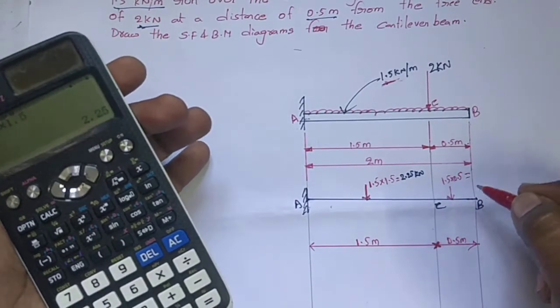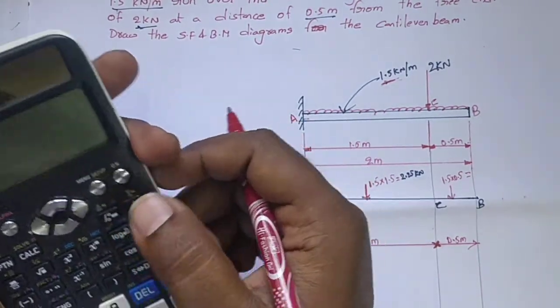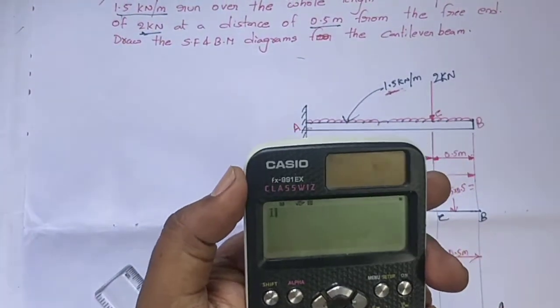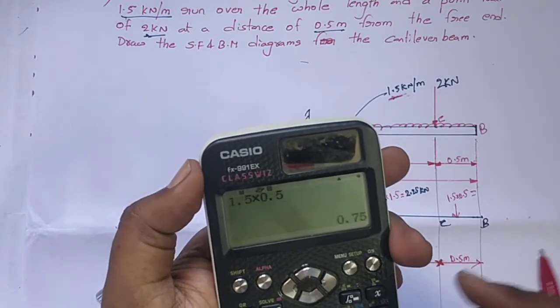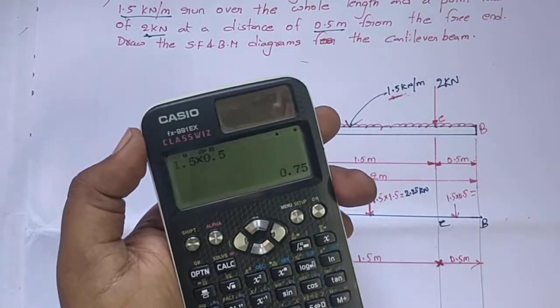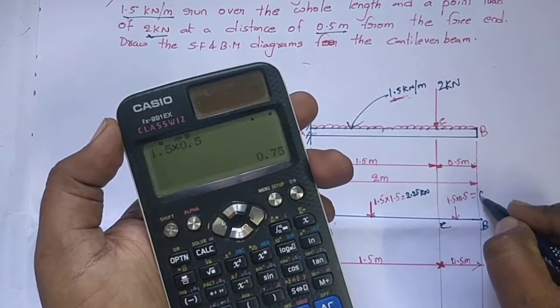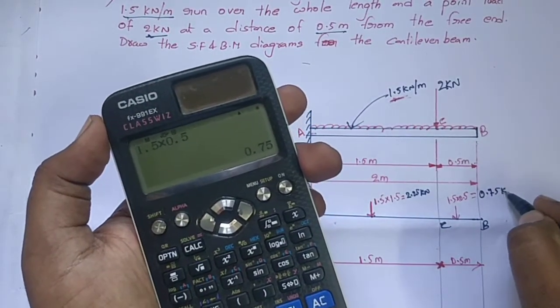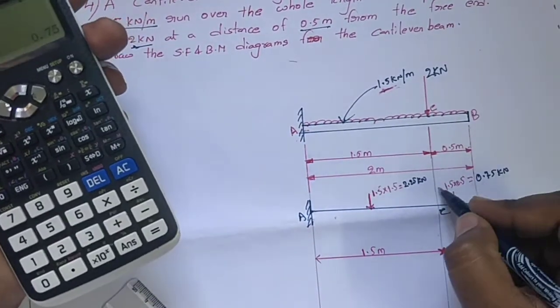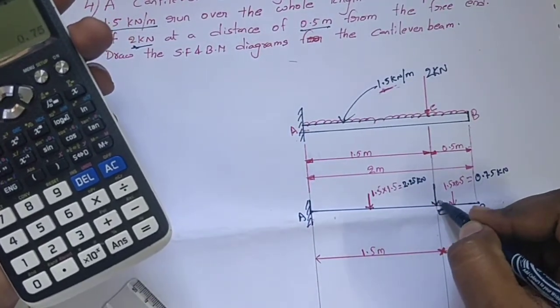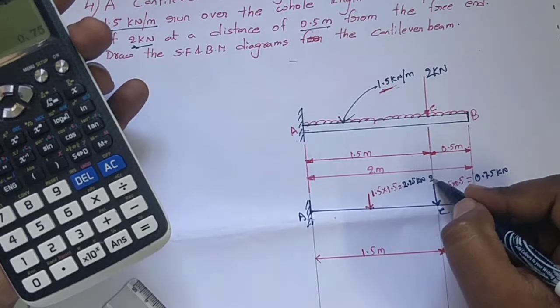So the value of the converted load from C to B is 1.5 into 0.5, that is 0.75 kilonewton. It is the converted load between C to B. At point C, one point load is acting, that is 2 kilonewtons.